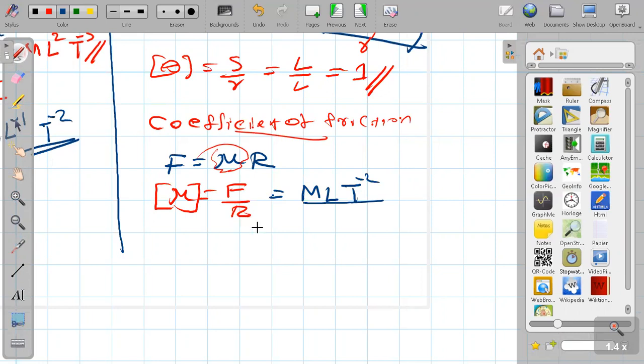And this one is also a force. Also a force. So what is it going to be? Again, it's going to be M L T minus 2. Cancel off both. The result is again 1.